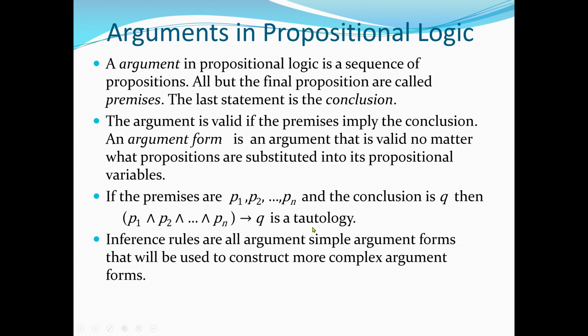So this is a tautology. Again, we discussed what a tautology is. A tautology means a statement, or in this case our expression here, that is always true. The inference rules are simple argument forms that will be used to construct more complex argument forms.